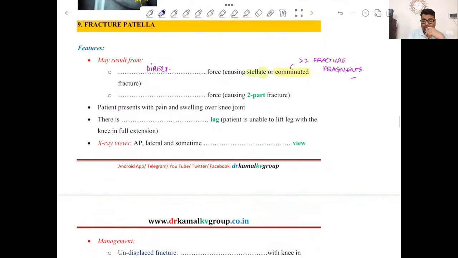Sometimes there can be an indirect fracture when there is a strong muscle pull by the quadriceps femoris muscle, and that will create a two-part fracture, right? So this is a two-part fracture.